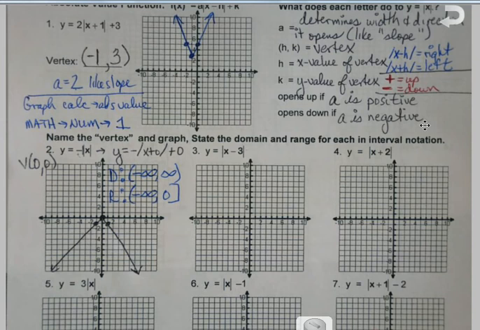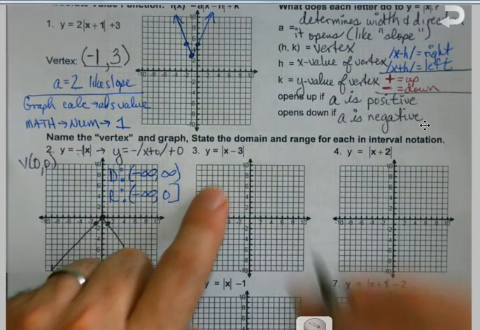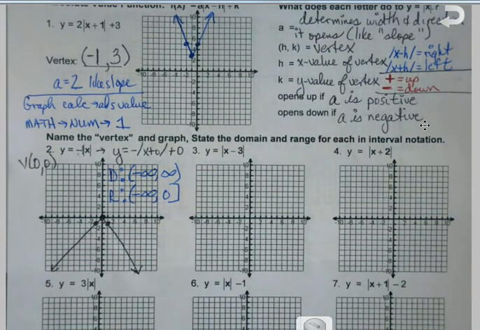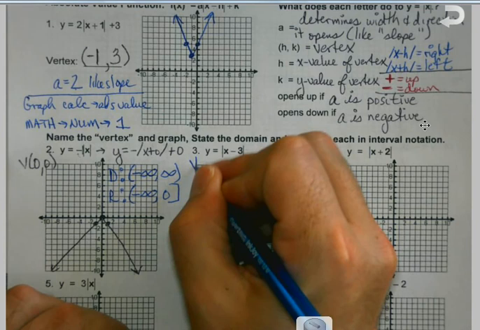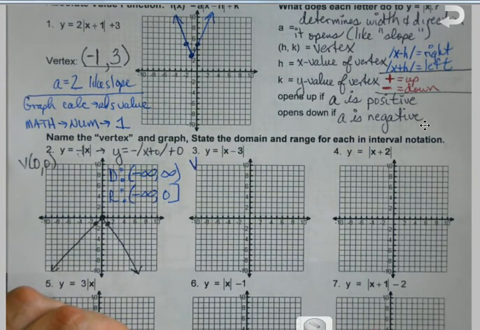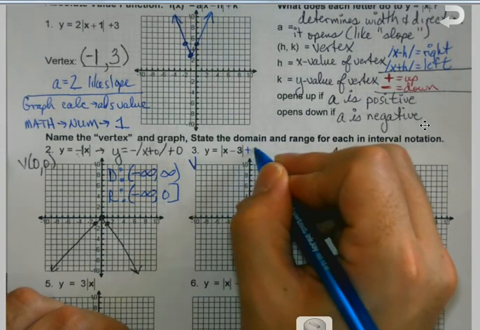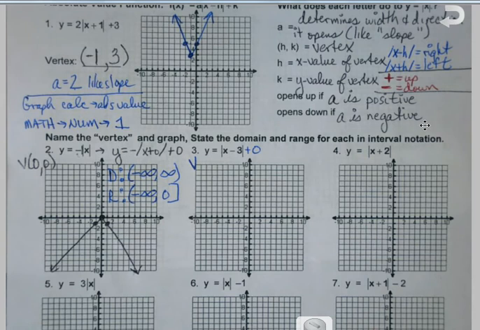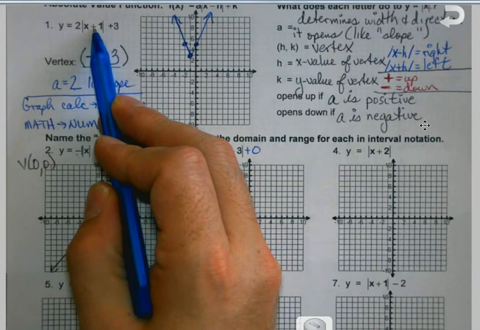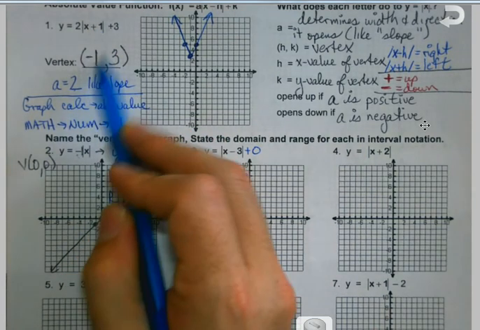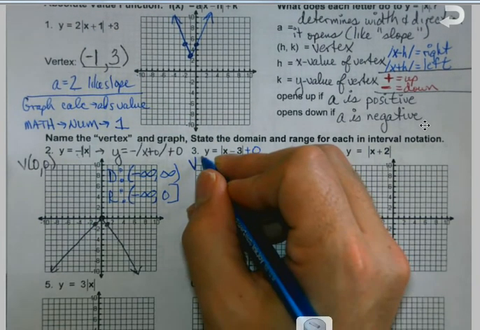You'll start going, okay, let's see. Here, what's my vertex? I don't see anything out here, so that's like having a plus 0. So when I'm doing vertex, oh yeah, it's opposite of the sign I see inside, and then keep whatever's outside.